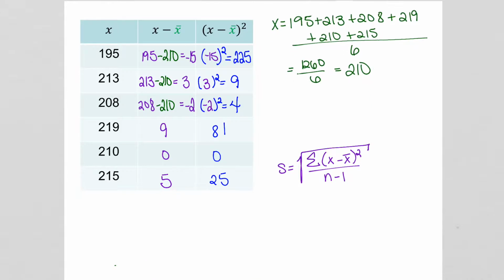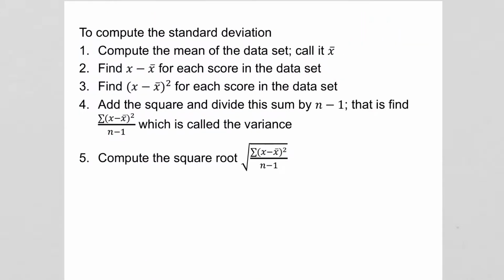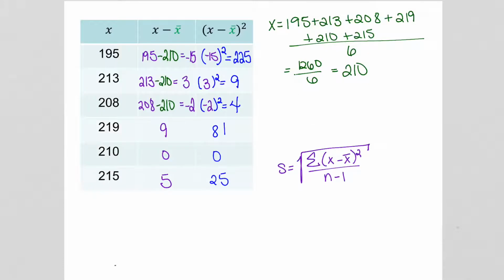Then the next step is add the squares and divide the sum by n minus 1. So what we're going to do is find the sum of all of these. That's going to give us the sum of x minus x bar squared. It's 344.